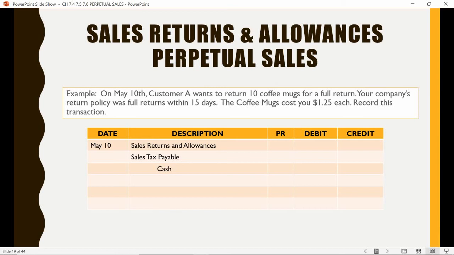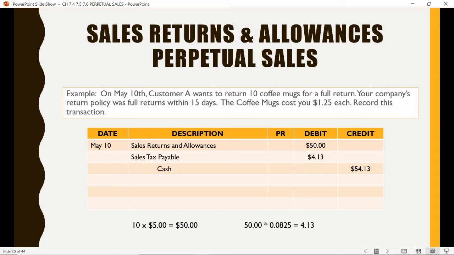So if we are returning 10 of those coffee mugs, we originally sold them at $5 each, so you got $50. But the tax on that is $4.13. So therefore, you're going to be giving back $54.13.